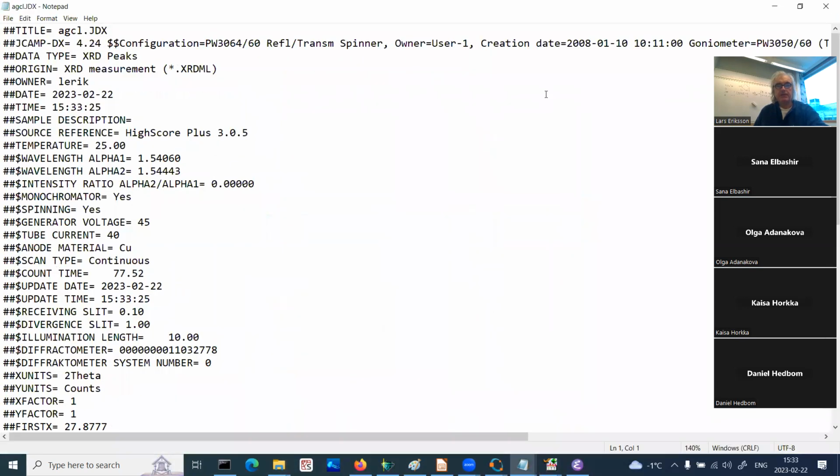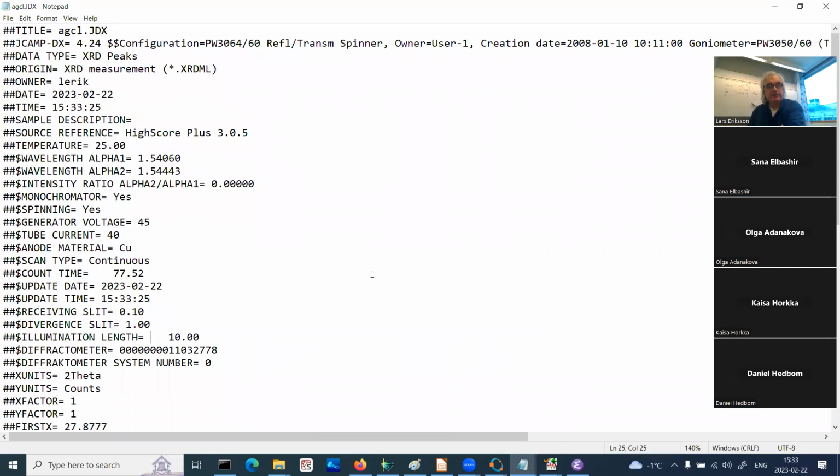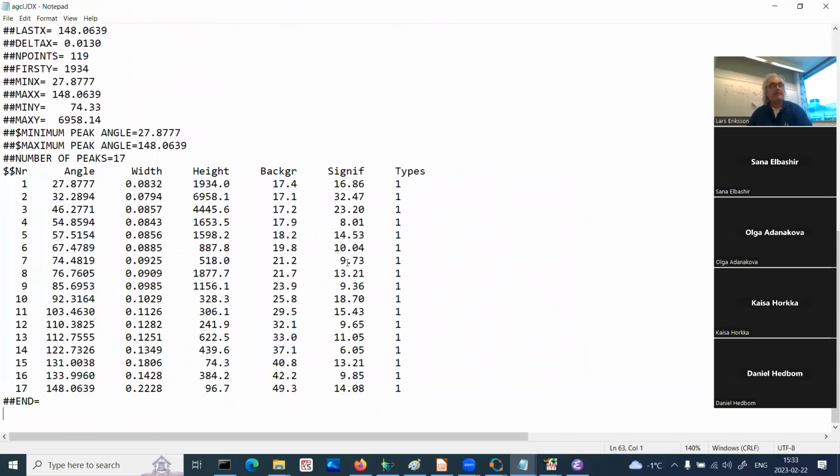Perhaps you don't believe me that this was a simple file too. But I mean, it's a lot of crap here, yes, information. But here in the end, on the other hand, you have angle, width of the peak and height, for example.